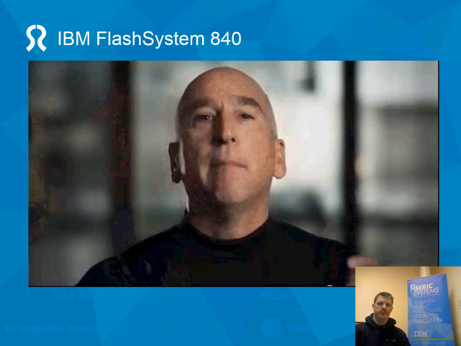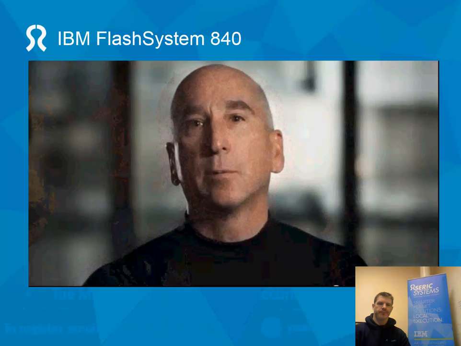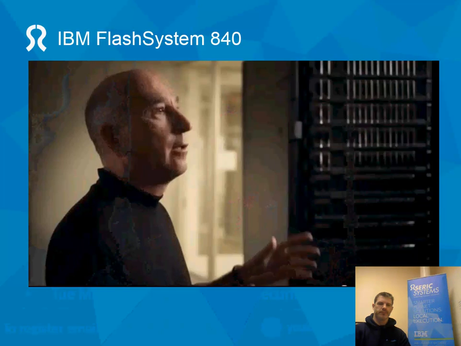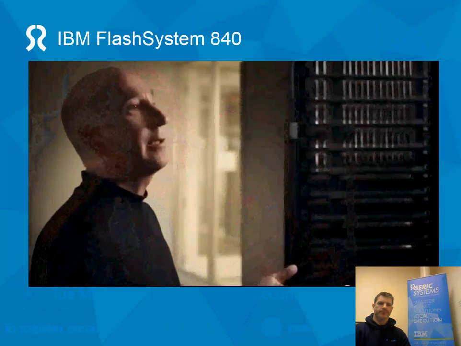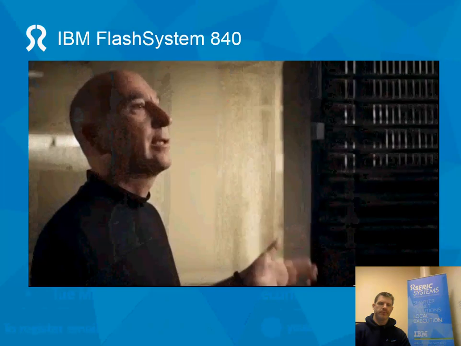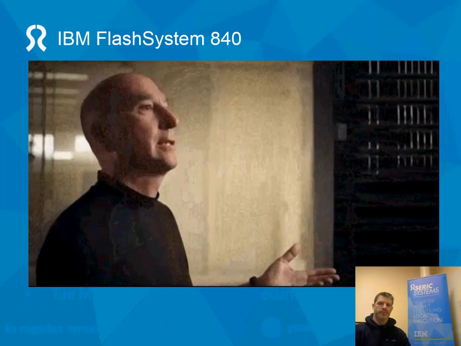IBM designs the Flash System with a focus on delivering micro-latency, macro efficiency, extreme performance, and enterprise reliability. What our customers expect and require to accelerate their application. For customers with data that requires an extra layer of protection for adherence to internal or regulatory requirements, Flash System 840 offers AES 256 hardware-based encryption for data at rest.